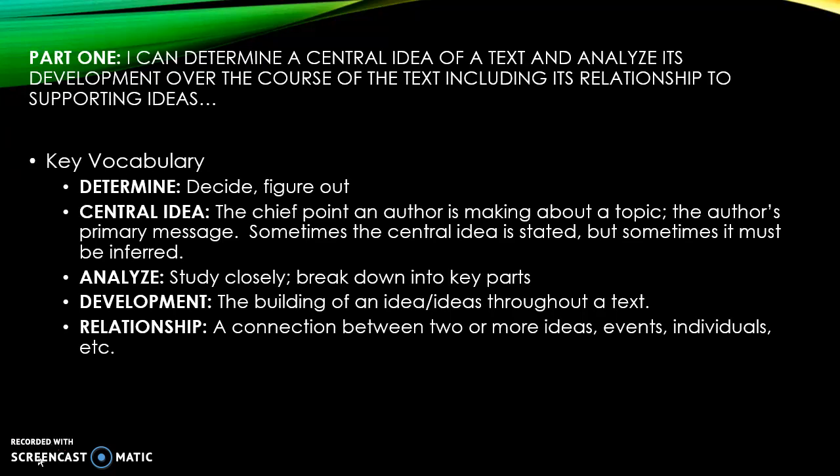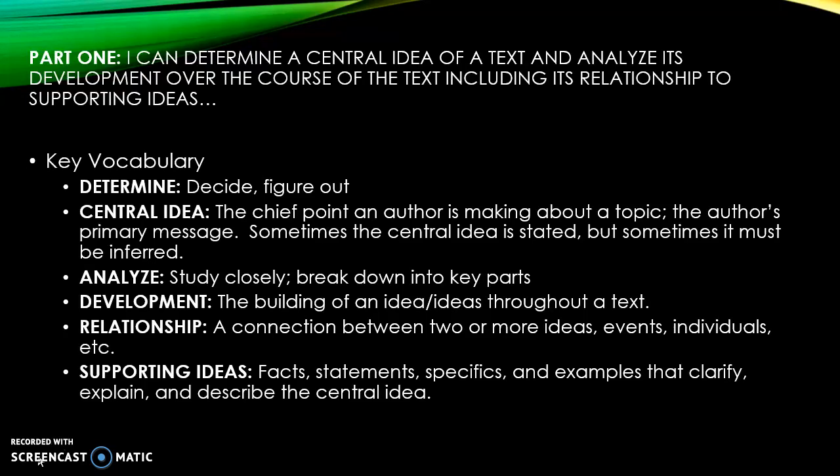What are the connections between the ideas, the events, the individuals, etc.? Supporting details. We know there are fact statements, examples to help clarify and explain the central idea. We know that we have two different types of supporting ideas. We have major and we have minor.